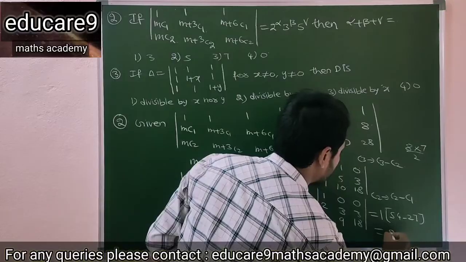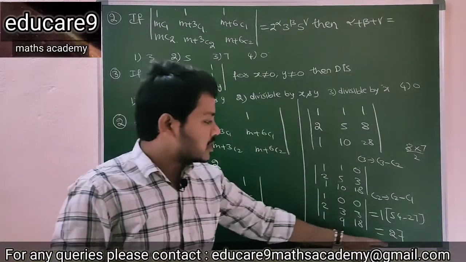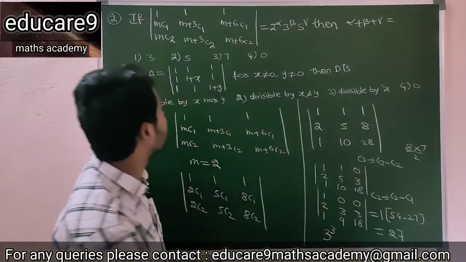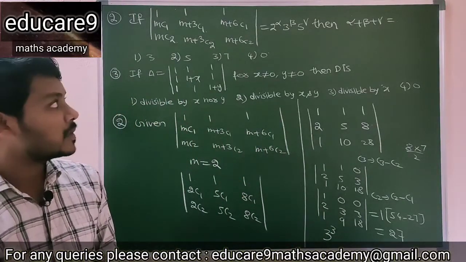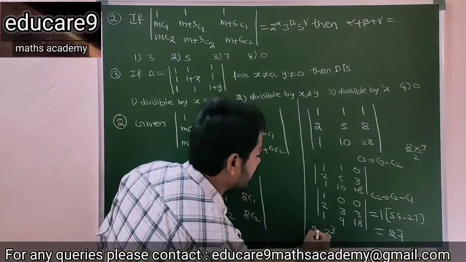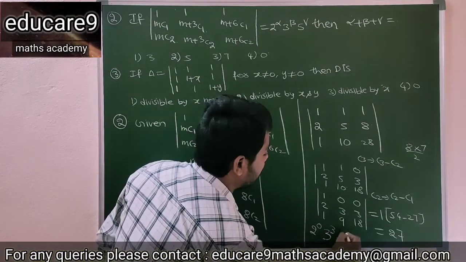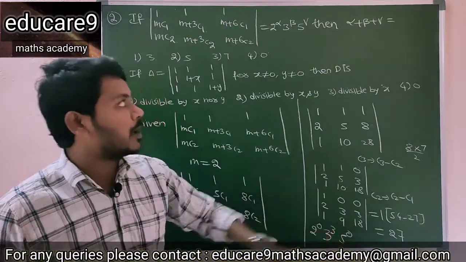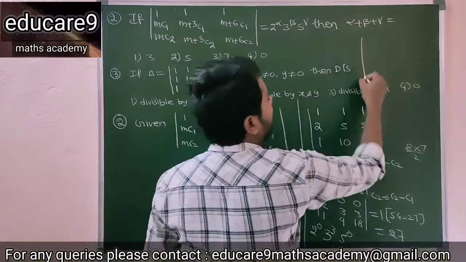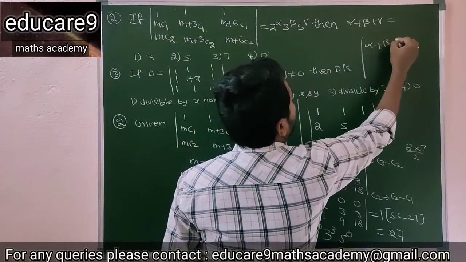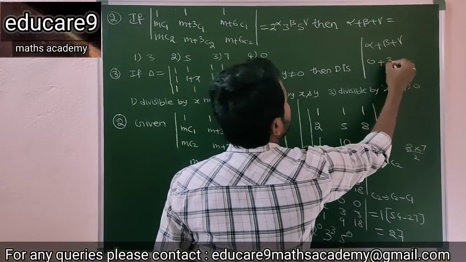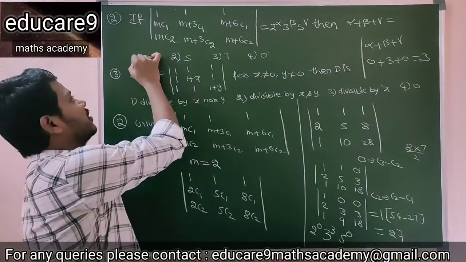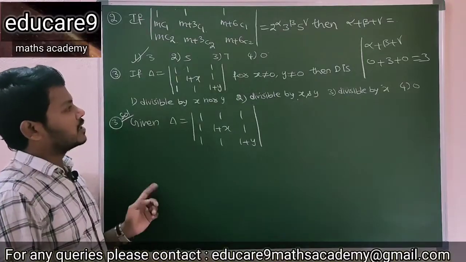So you will get 27. Therefore, this 27 can be written as 3 power 3. Next, 2 power 0, 5 power 0. So alpha is 0, beta is 3 and gamma is 0. Therefore, alpha plus beta plus gamma value is 0 plus 3 plus 0. So you will get 3. So clearly option 1. So see the third solution.